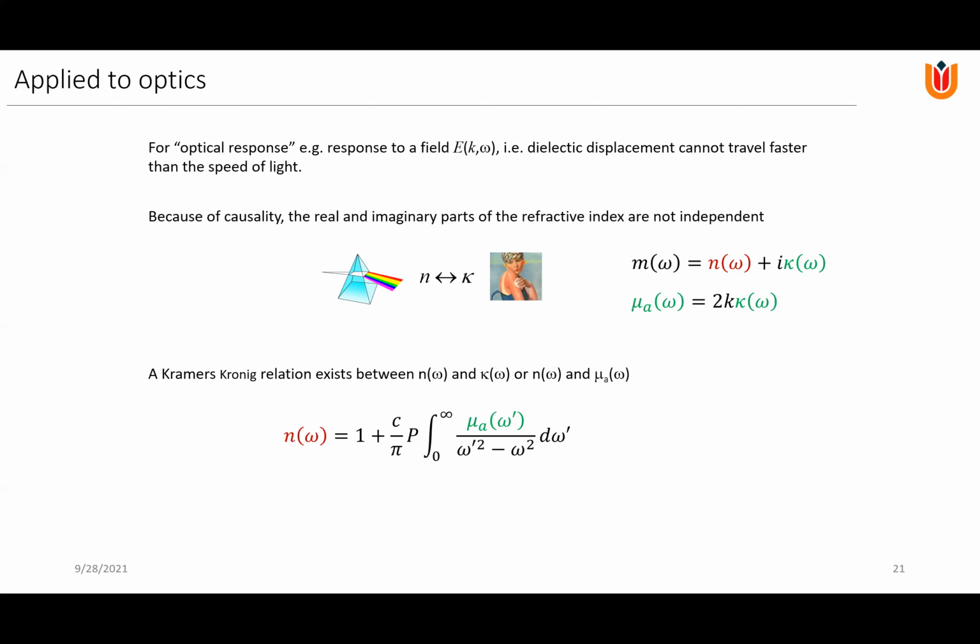This is what we will arrive at: an integral expression that says that the real part of the refractive index is related to the absorption coefficient. Again with a complicated integral, so that's something that we'll work on, but this is what we'll end up with.